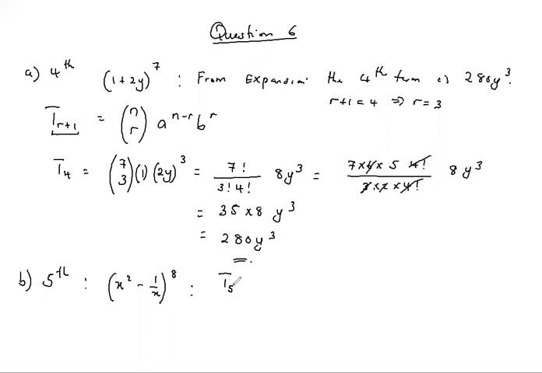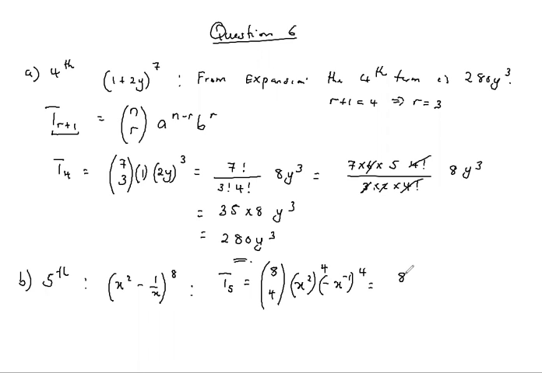Remember that 5 there was supposed to be r plus 1. So r plus 1 is equal to 5, implying that r itself will be 4. And so we have n to be 8, r is 4, a is x², n minus r is 8 minus 4, which is 4, and then negative x to the power negative 1 to the power r, and r is 4.